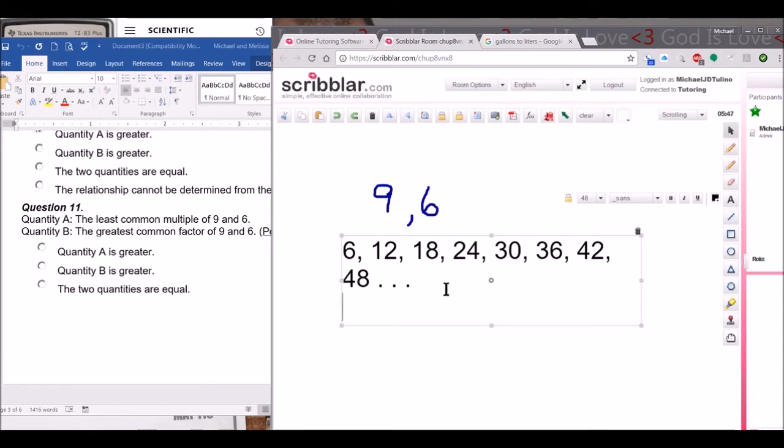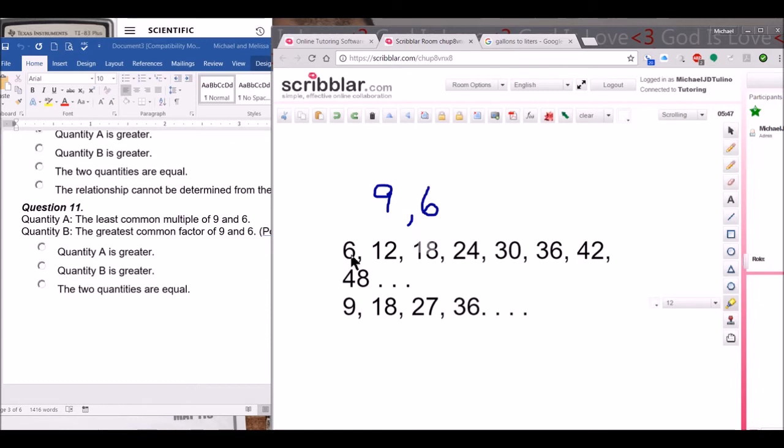So we have 9, 18, 27, and then 36. If you take a look here, the least common multiple is right here. Least common multiple is 18. Now greatest common factor, that's very different.